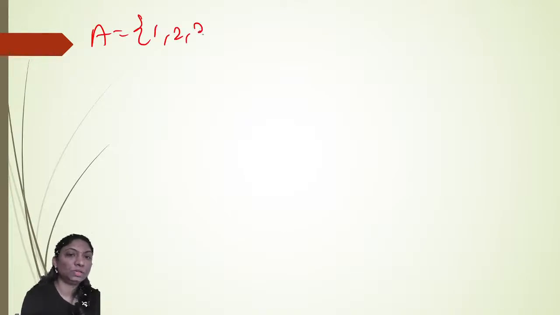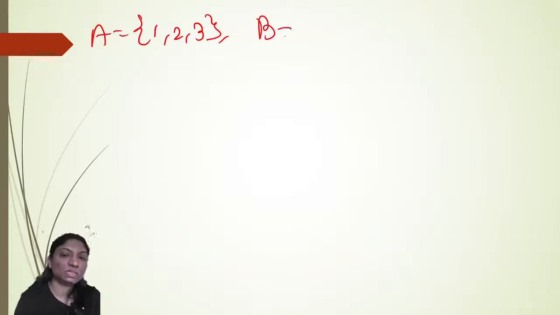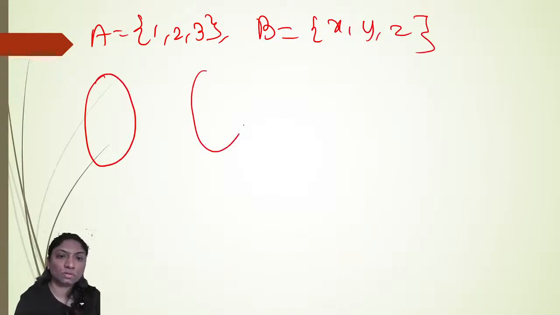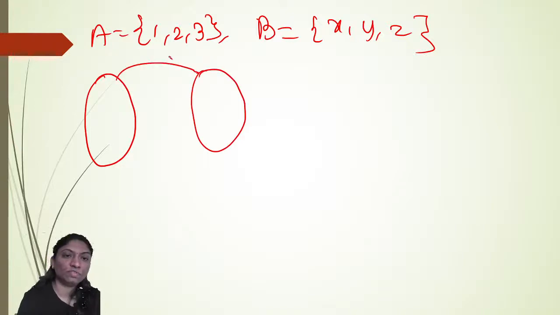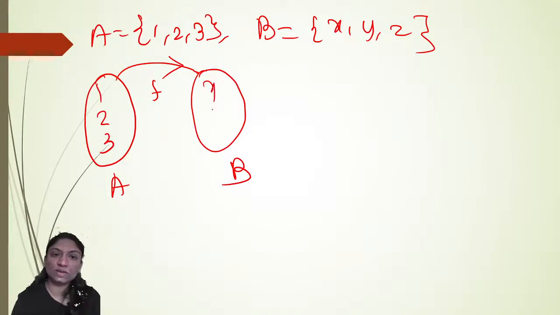So we'll see one-one onto mapping. Suppose A is equal to {1, 2, 3} and B is equal to, suppose, {x, y, z}. F is defined from A to B: 1 maps to y, 2 maps to x, 3 maps to z.